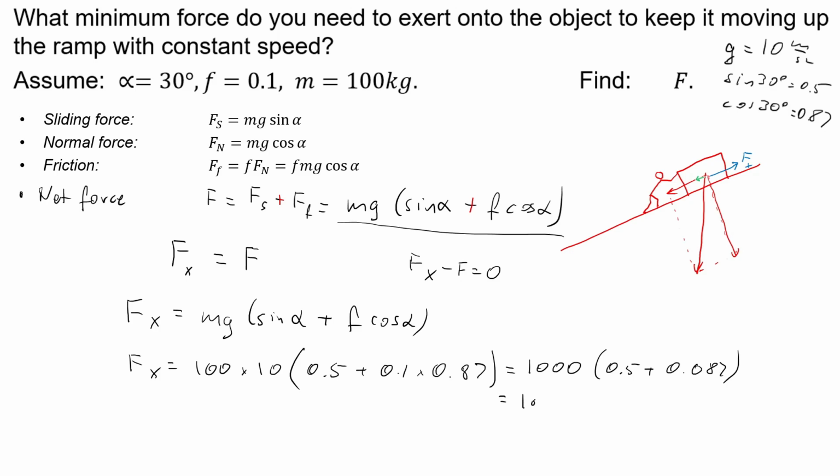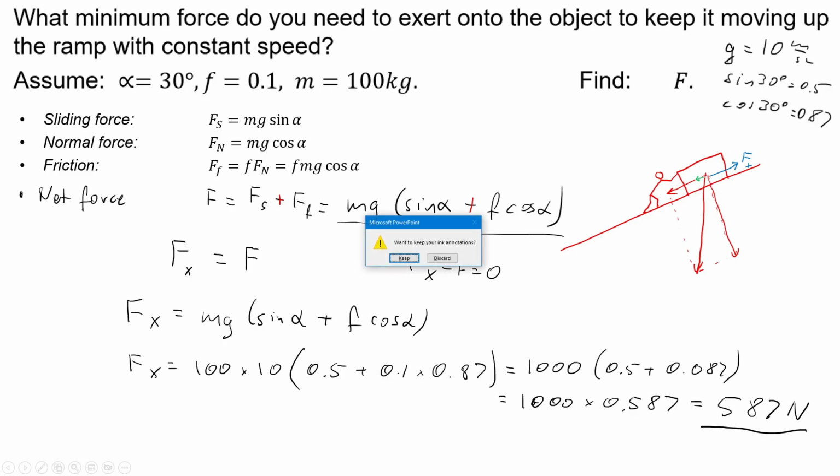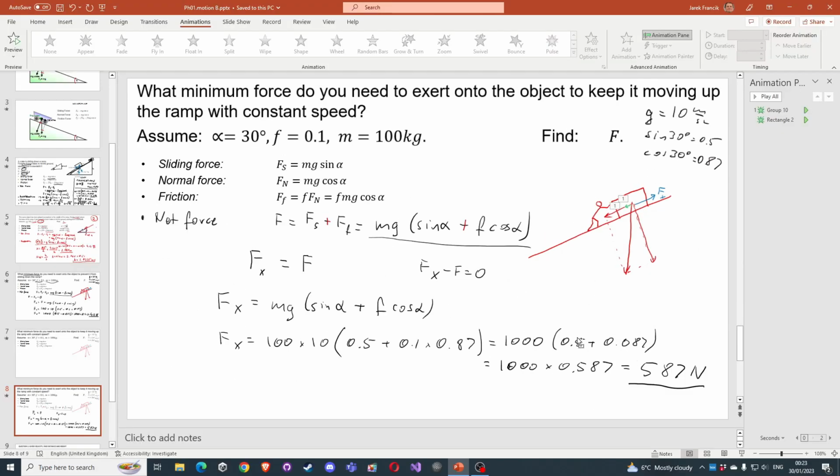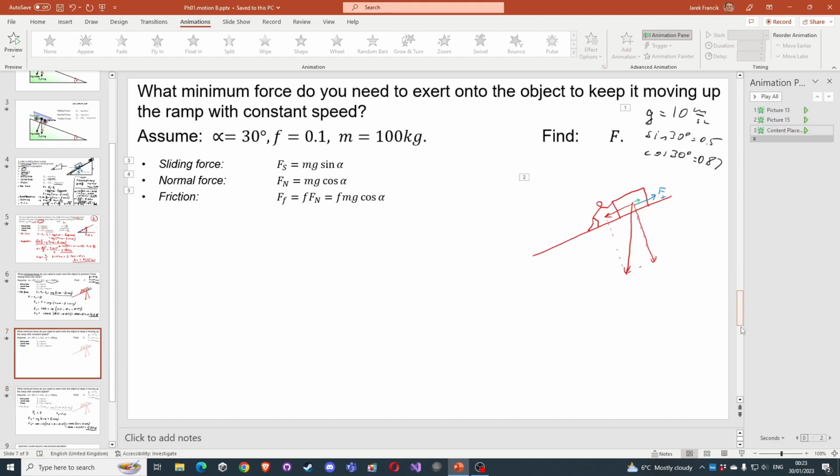So this is 1000 multiplied by 0.587, and this is 587 newtons. This result is significantly different from the result in the previous question. 587. The previous one was 413.